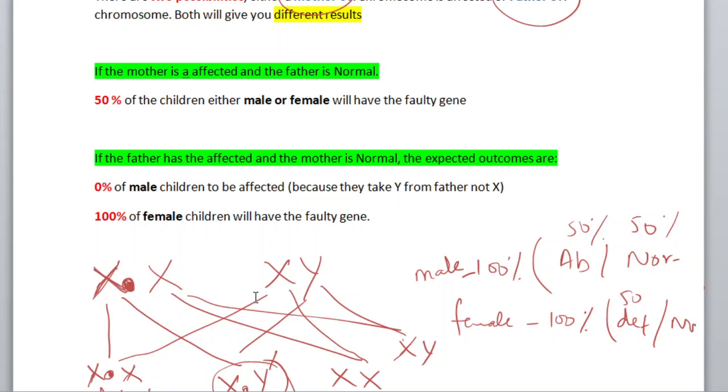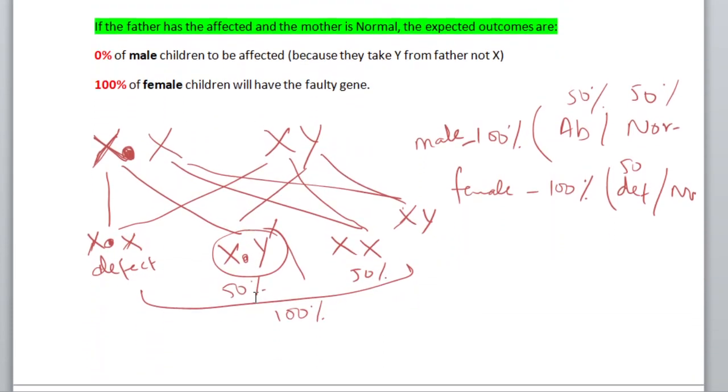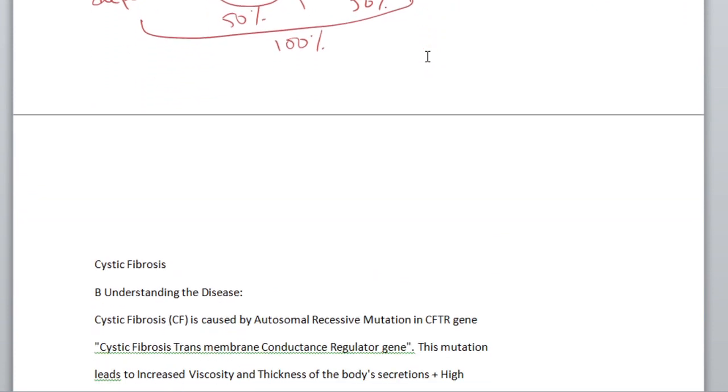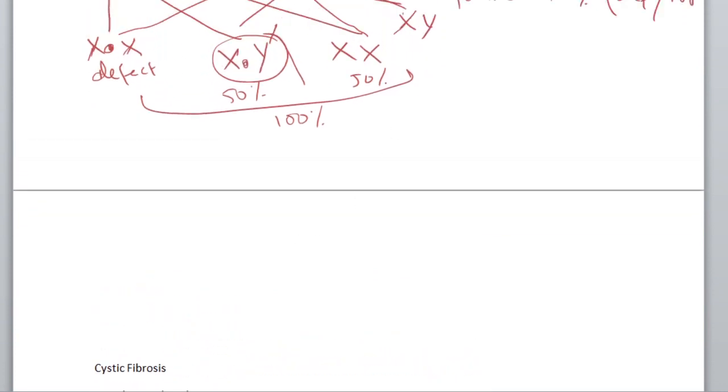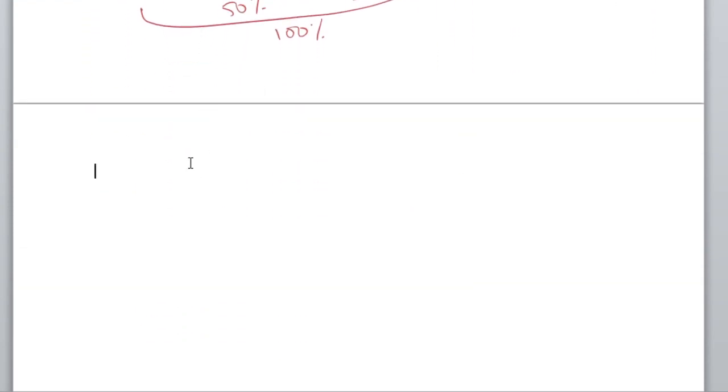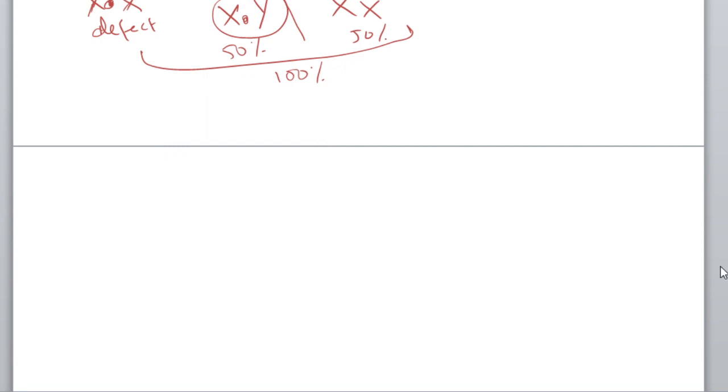Now let's try the second one. The second one is if the father is the affected one and the mother is normal. What will be the outcomes? Suppose we have a normal mother and an affected father.